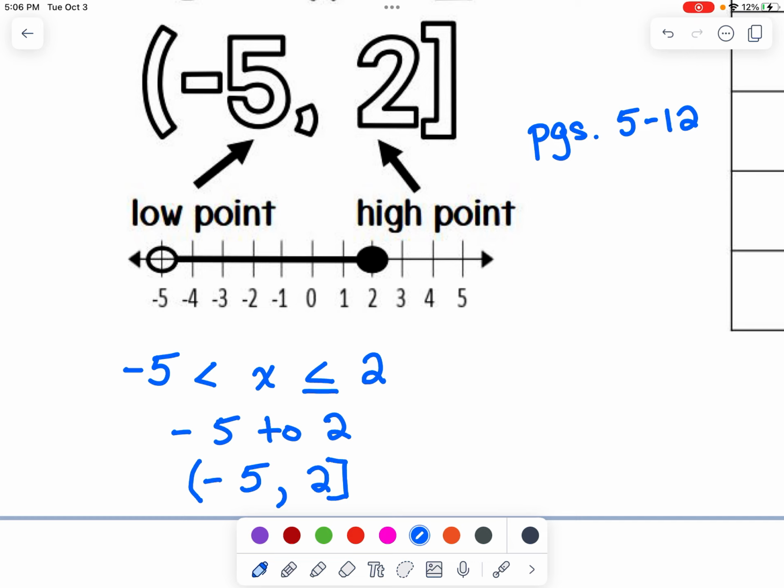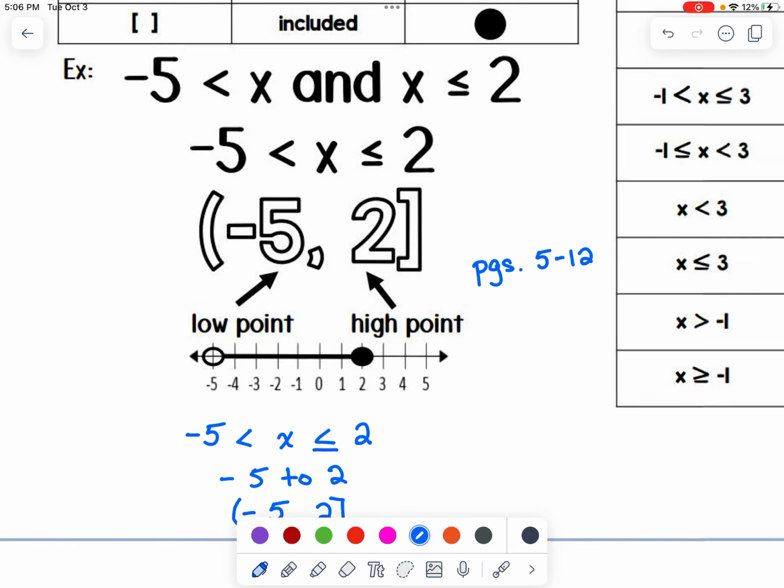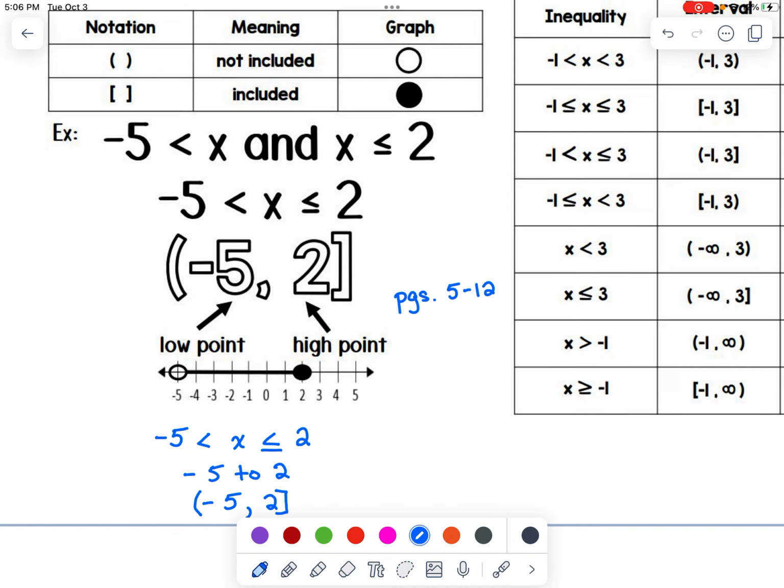The -5 is not. It's up to -5, but not including. So open circle is the parentheses, and closed circle is the brackets.